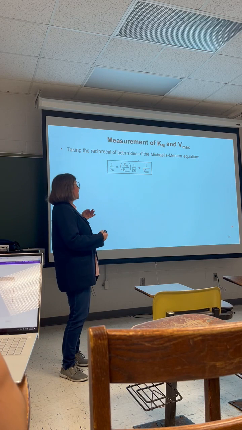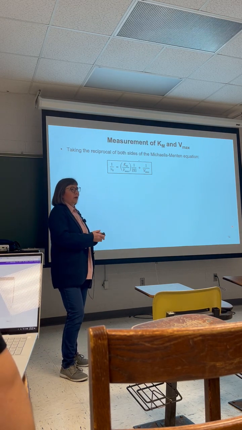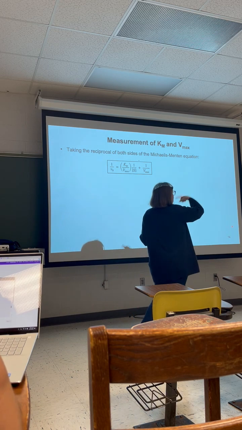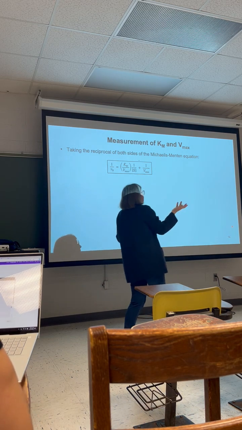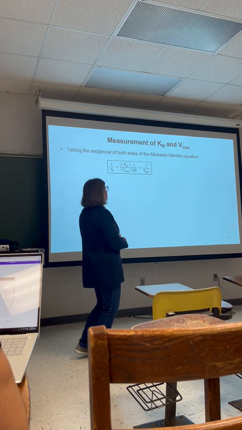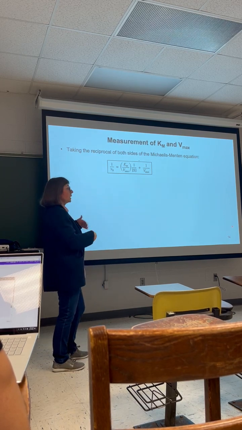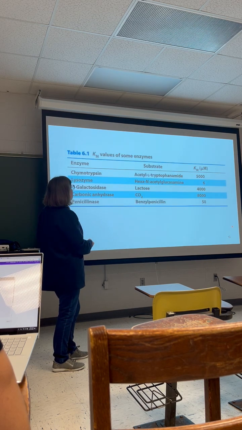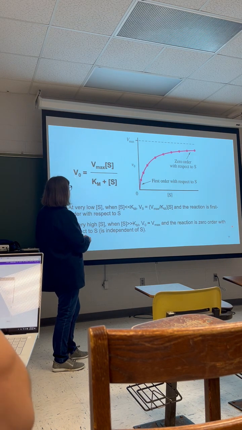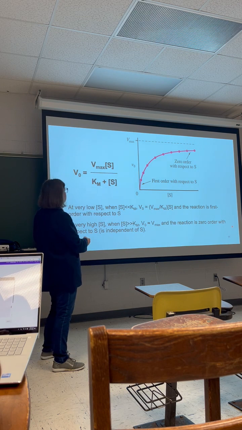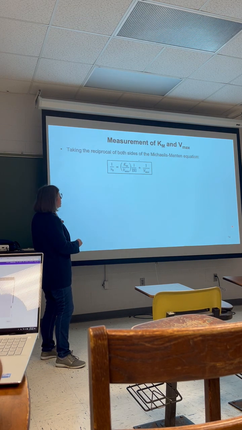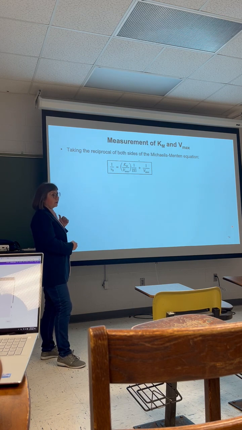So the Michaelis-Menten equation is not useful to deal with. It is difficult to draw the hyperbolic relationship approaching Vmax. It's difficult to determine Km. So let's alter this equation. So let's flip it over. The real equation is V0 equals Vmax times substrate over Km plus S. So let's do 1 over V0.